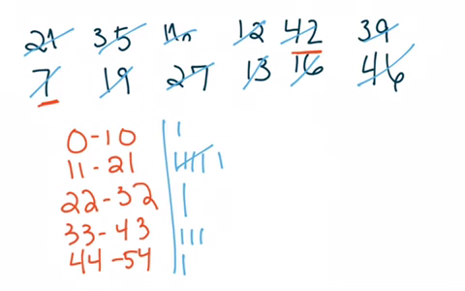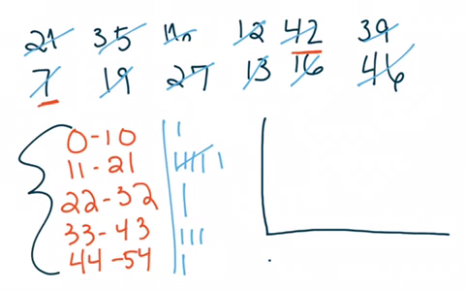A histogram is set up similar to a bar graph. The difference between a bar graph and a histogram is that the bars are touching in a histogram. In a bar graph, they're not. So my y-axis is my frequency, and my x-axis has my intervals.